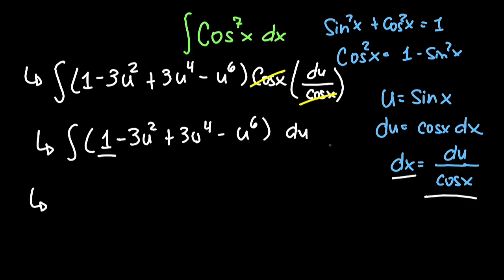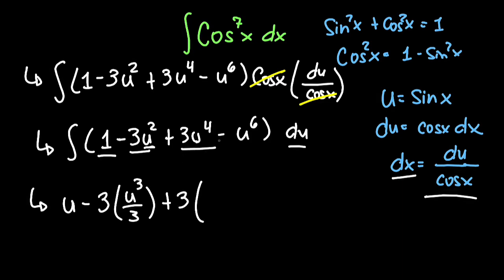The integral of 1 du is simply u, minus 3 times the integral of u squared du, which is u to the power of 3 over 3, plus 3 times the integral of u to the power of 4, which is u to the power of 5 over 5, minus the integral of u to the power of 6, which is u to the power of 7 over 7, and add the constant of integration.